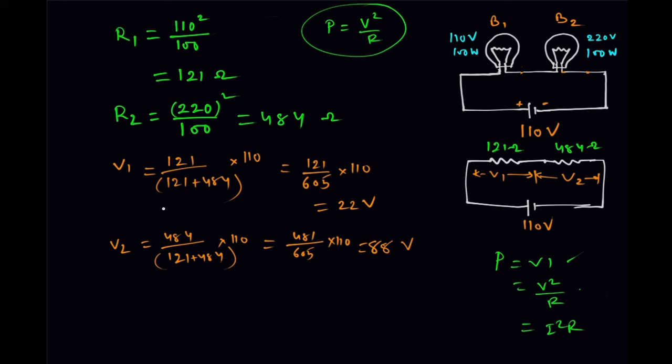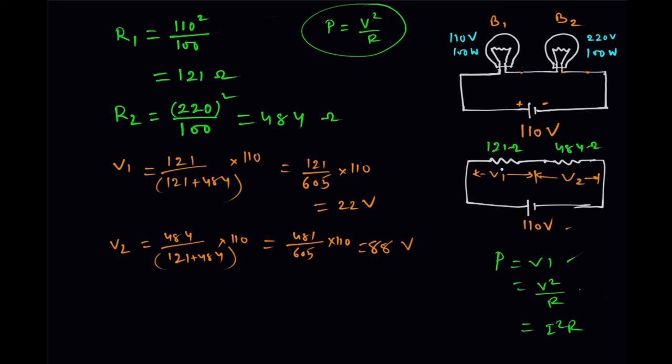You can see that if we add these two voltages V1 and V2, how much will we get? This is 110 volt. So you should get this, because V1 plus V2 is equal to the supply voltage.